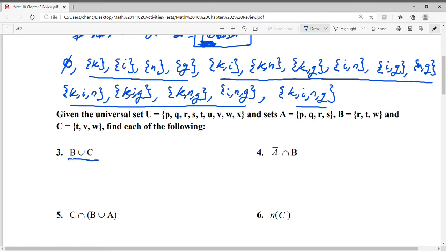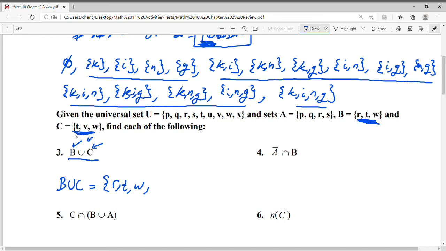To be in B union C, you have to be in B, in C, or both in B or C. So I'm just going to make a list of all of the elements from B. Here is B union C. That's basically, I'm going to list everything in B and everything in C, making sure there's no repeat.